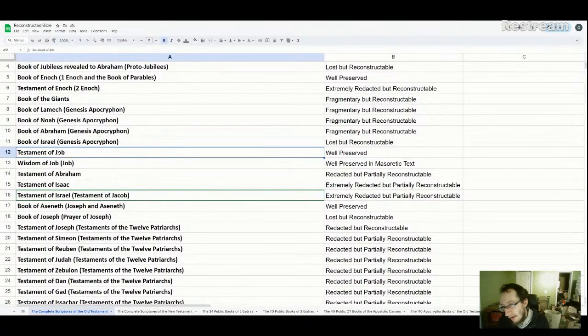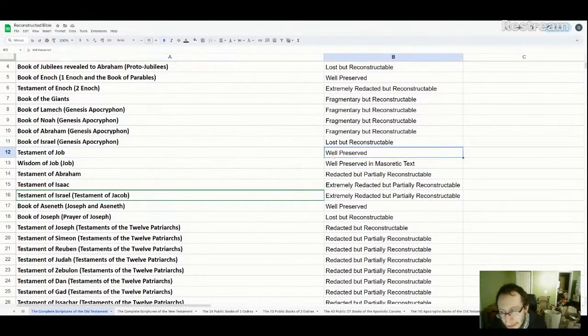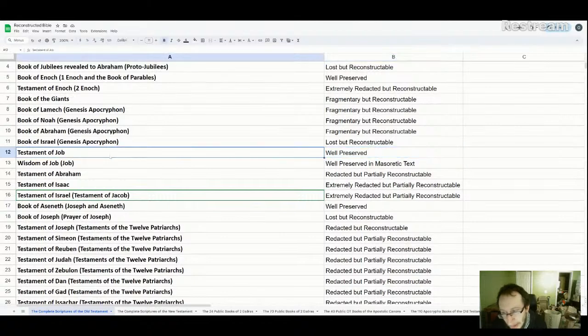Testament of Job, I have it marked down as well preserved. From what I can tell, the Testament of Job doesn't have too many corruptions in it, nothing too crazy about it. So I think in general, the Testament that we have is fairly trustworthy. Then the Book of Job, I call it the Wisdom of Job. And I say, from what I can see, it's actually well preserved in the Masoretic text.